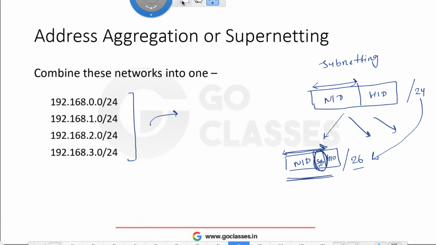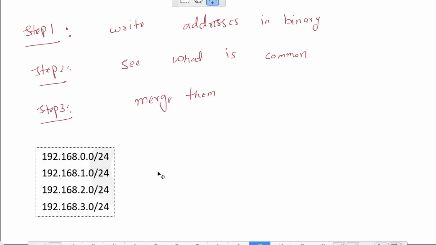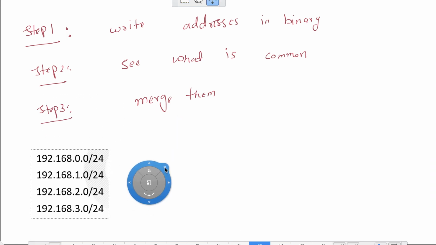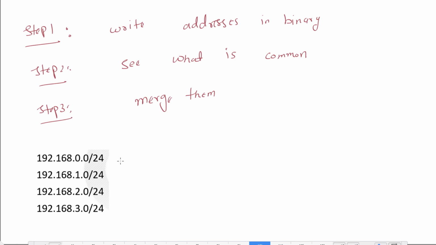Let me copy this to the next page and then I will tell you how we are going to merge these networks. So suppose I want to merge these 4 networks. What does step 1 say? It says write everything in binary. I'm not going to write everything, because here 192 and 168 is common to everything, so I'm not going to write it in binary. I'm just going to write what is not common, at least in decimal. So I'm going to write everything in binary.